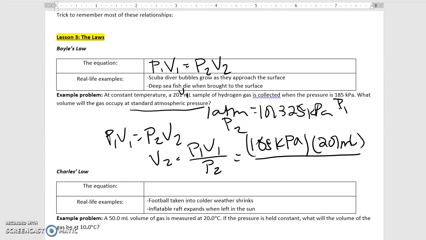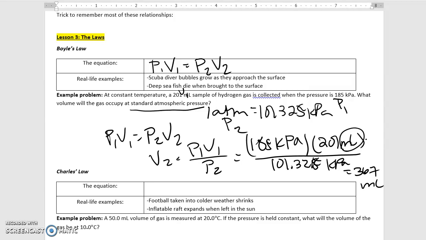I'm just going to use that so kPa matches. So 101.325 kilopascals. I'm going to go ahead and solve. If I multiply 185 times 201 divided by 101.325, you're looking at about 367. That's milliliters because that's what this unit is. Okay? Hopefully not too terribly hard.